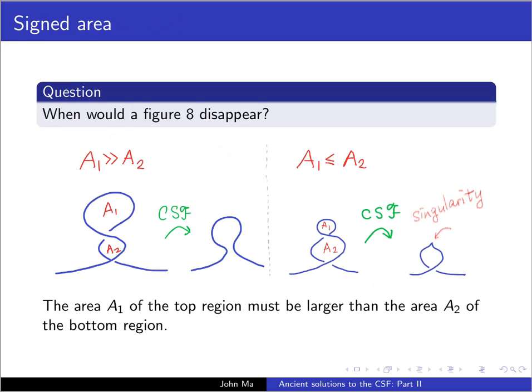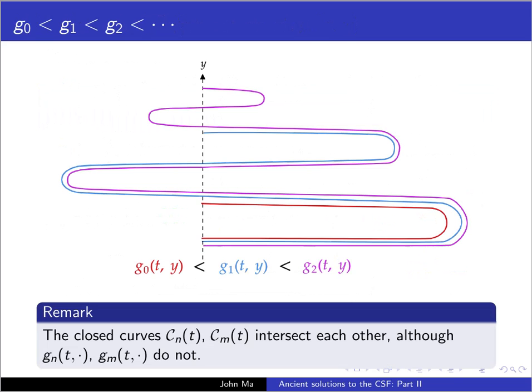Okay, so well, let's go back a little bit. Let's go back to this picture. So the Asian solution that we want to construct will be a limit of a sequence of Asian solutions Cn, and the sequence of Asian solutions Cn is constructed by this function Gn.